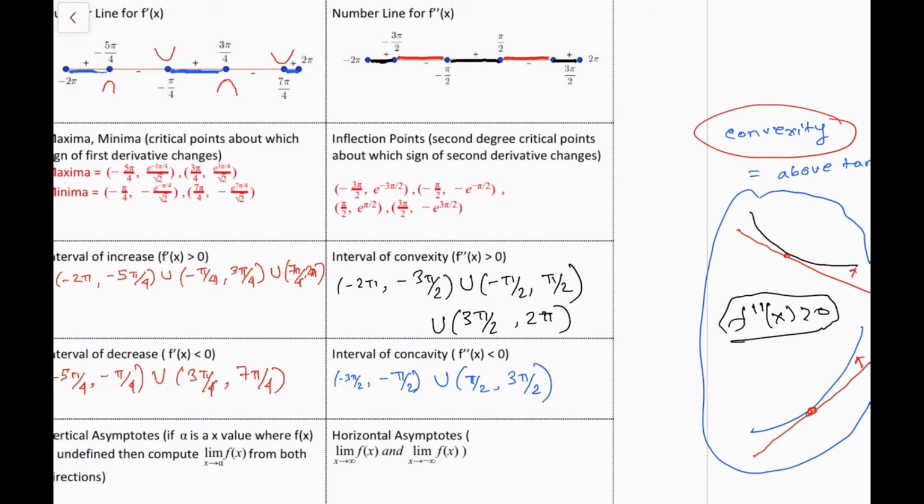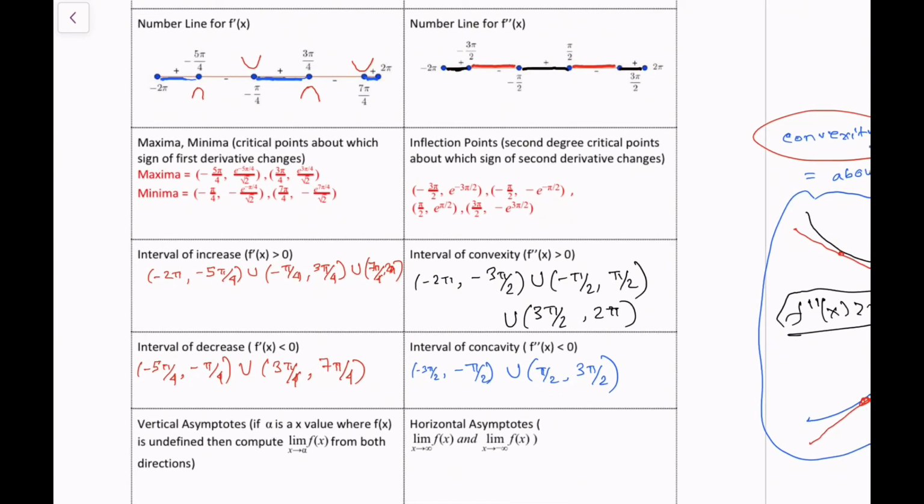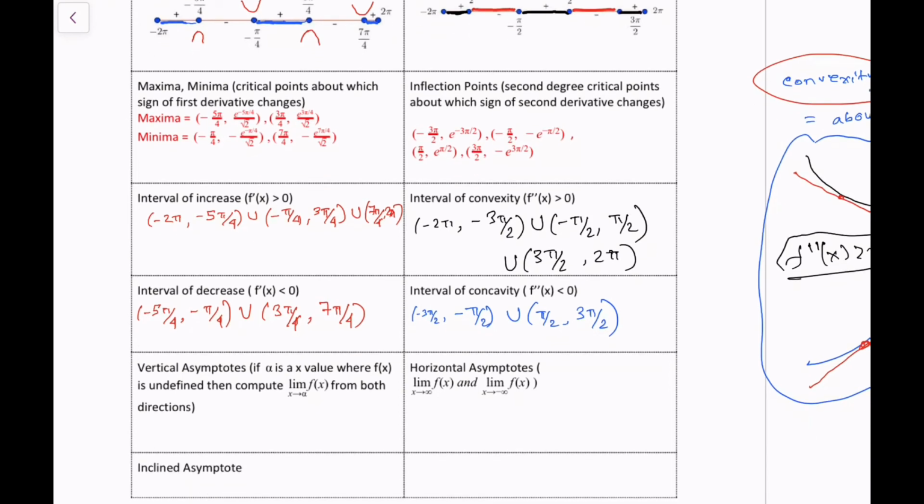So now you see what is the use of this number line, right? We have all the information very properly organized, and we can read it off from the number line, and it works very nicely.